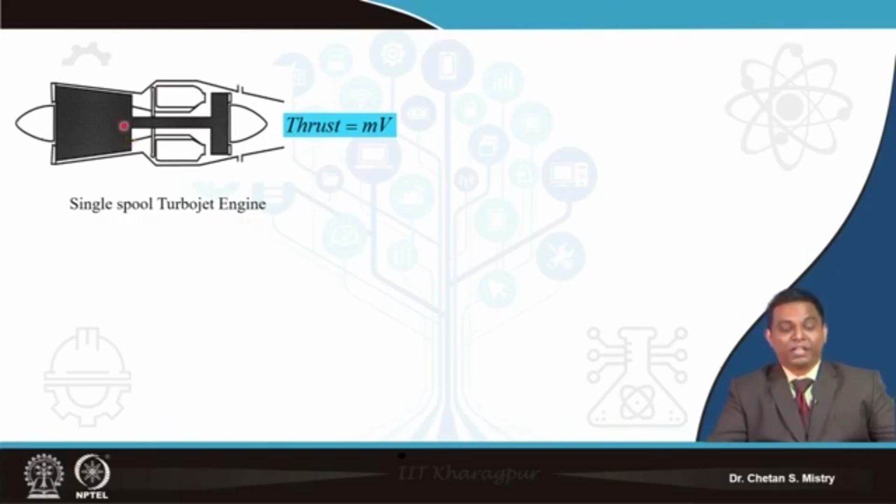Here in this case, you may argue, sir, why don't we rotate this compressor at high speed? If we are rotating at high speed with fewer stages, we are able to achieve our pressure ratio. True. But at the same time, what is entering from the front side is facing atmospheric air.